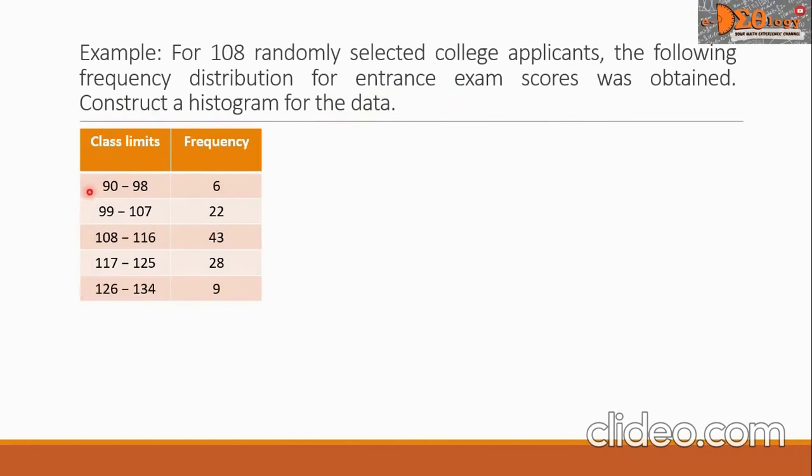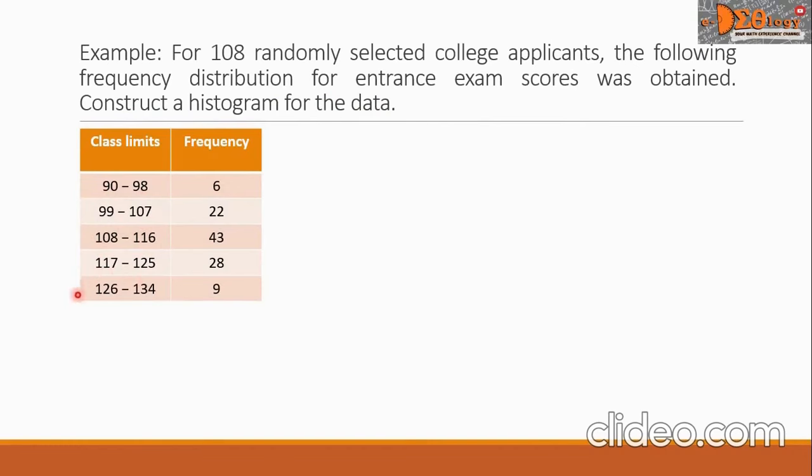The first class interval is from 90 to 98. The second class interval is from 99 to 107. The third is from 108 to 116. The fourth class interval is from 117 to 125.